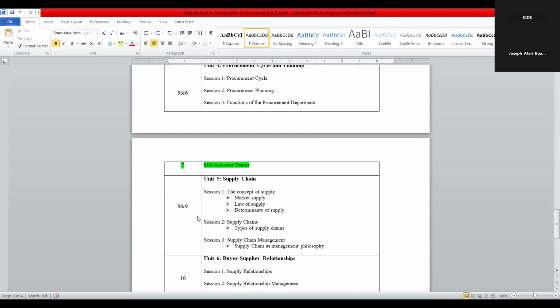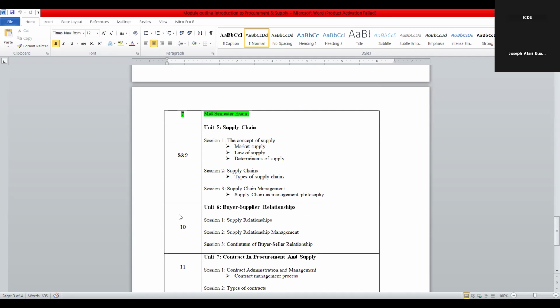Right after that, we do supply chain. We look at the concept of supply chains and supply chain management all in one. Then in week 10, we look at buyer-supplier relationships. Finally, we consider contract in procurement and supply, just the intro aspect of it. So basically, these are the topics we'll be looking at for this course.